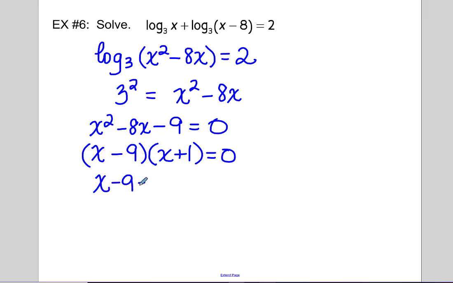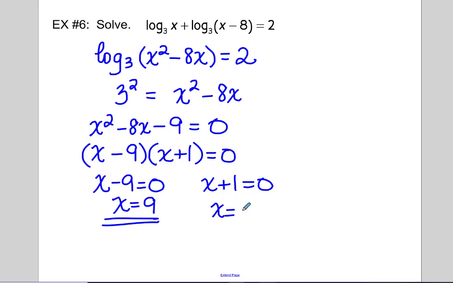And setting each factor equal to 0, we can use the zero product law. 9 works great. That one is a valid answer. You can take the log of 9, log of 1, but -1 is not going to work in this argument, so this one is extraneous and would not be a valid solution.